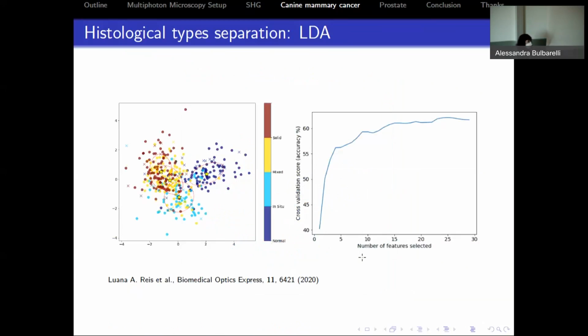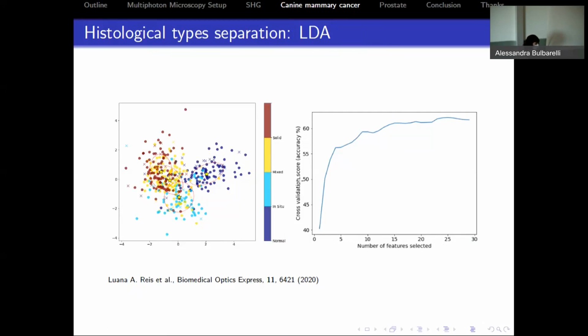Looking at the cross-validation score, which is how well positioned the unknown data, the crosses, are in terms of the number of features, we can achieve a separation of the order of 60%. The main problem is the separation of in situ and mixed cancer.